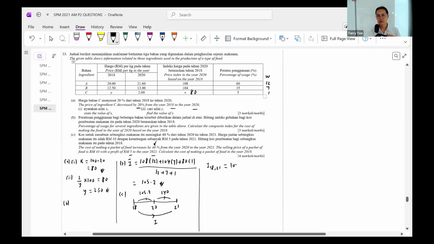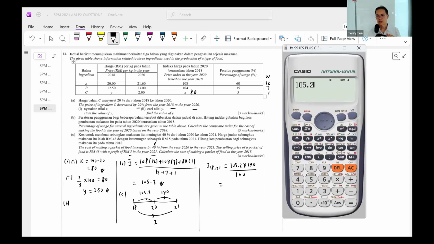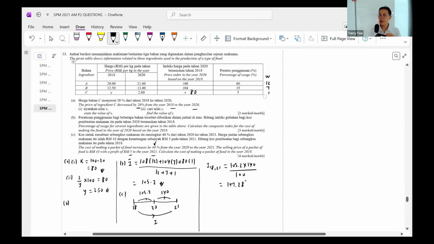So we take 105.2 times 140 divided by 100. So what do you get? I got 147.28. So that means an overall increase by 47.28%.